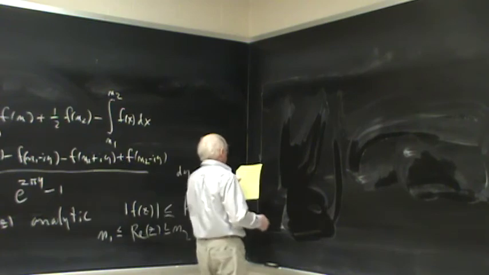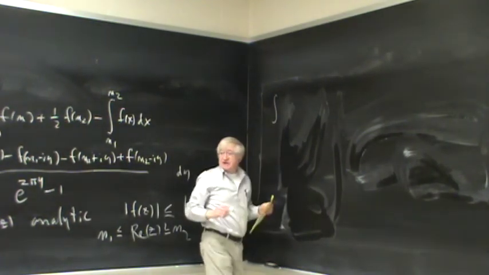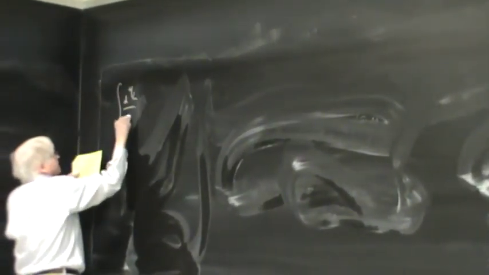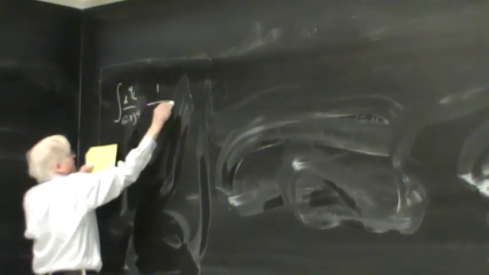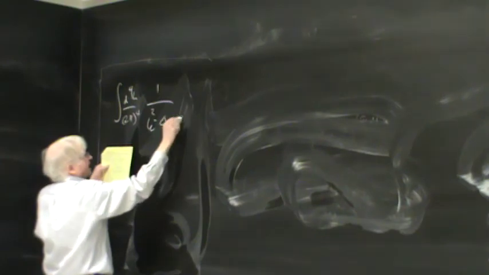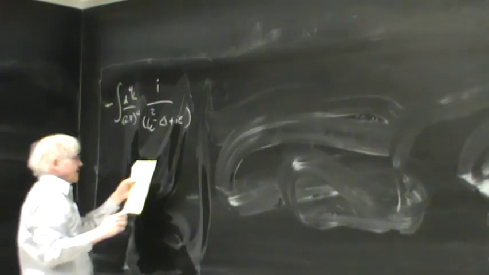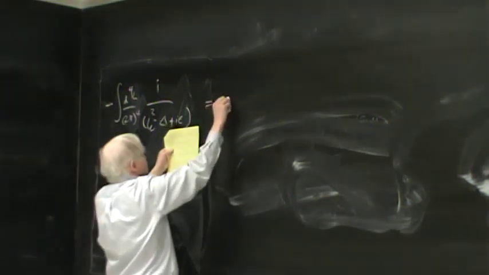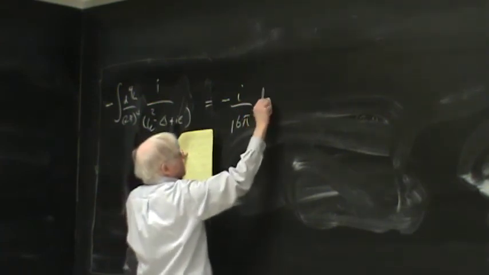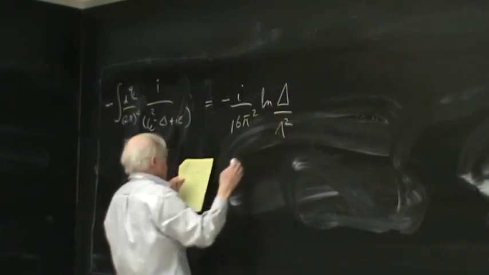So what we get is this extra term here, which is d4k over (2 pi) to the 4th, 1 over k squared minus delta plus i epsilon, and there's an i there, it comes in with a minus sign, and so altogether this is minus i over 16 pi squared delta over lambda squared.